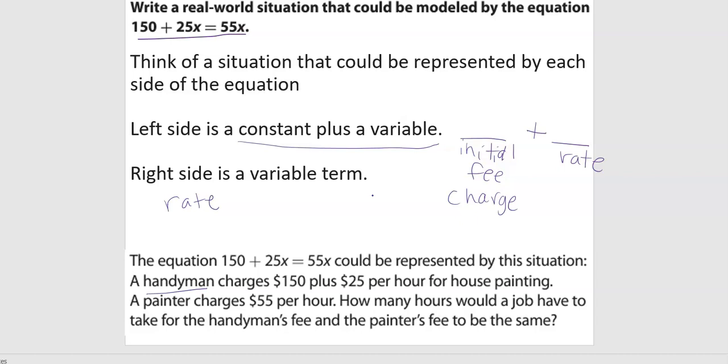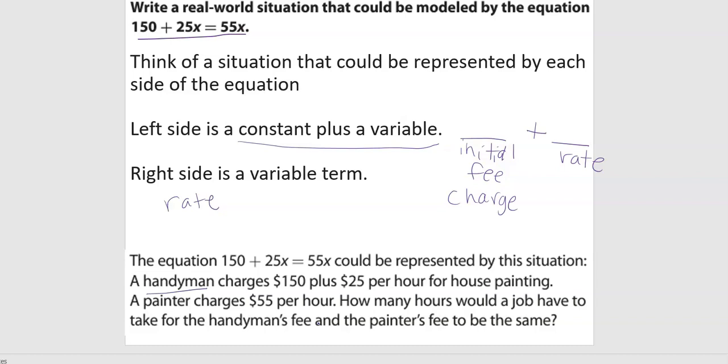But the one that they give in the example down here is that a handyman charges $150 plus $25 per hour for house painting. A painter charges $55 per hour. How many hours would a job have to take for the handyman's fee and the painter's fee to be the same, for them to be equal? So I'm thinking we did some things with maids before.